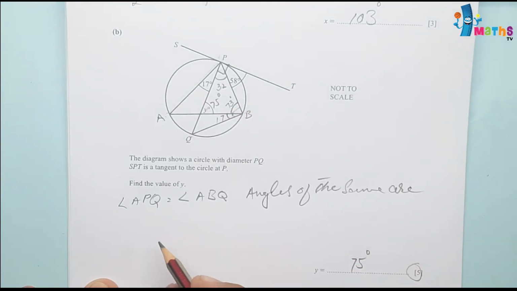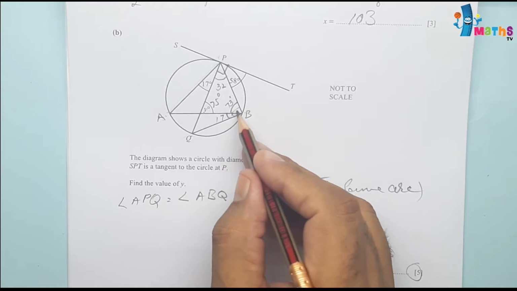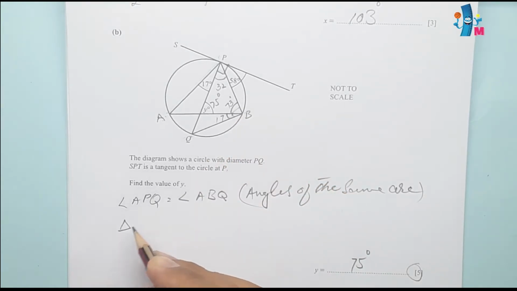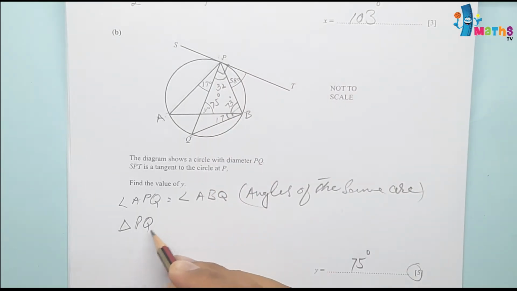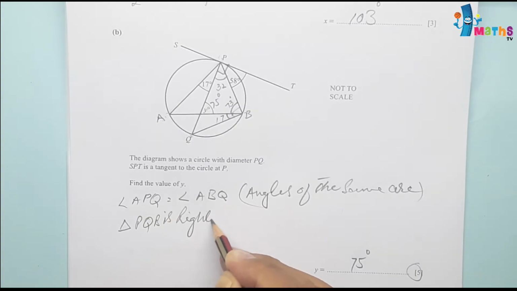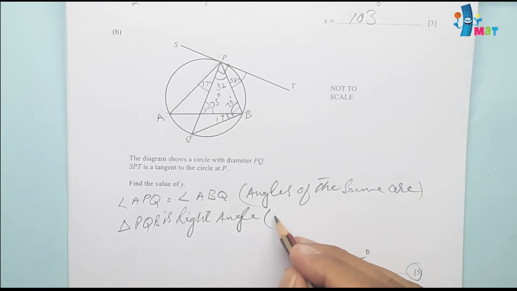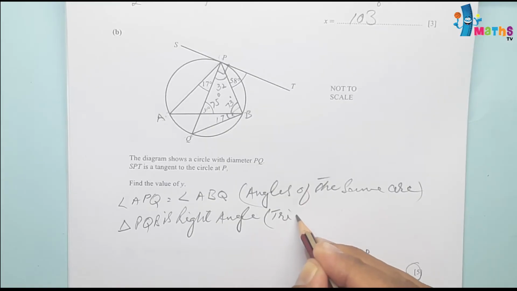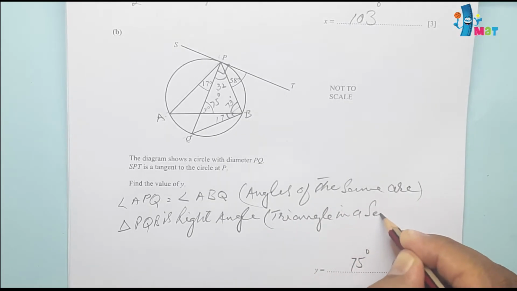So this one reason we can mention, we got this angle, then we can write this one triangle PQB. PQB is right angle, reason triangle in a semicircle.